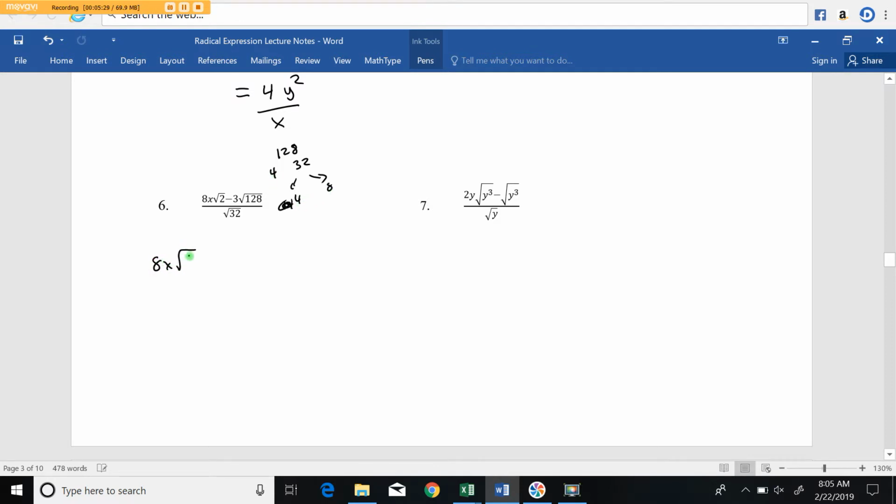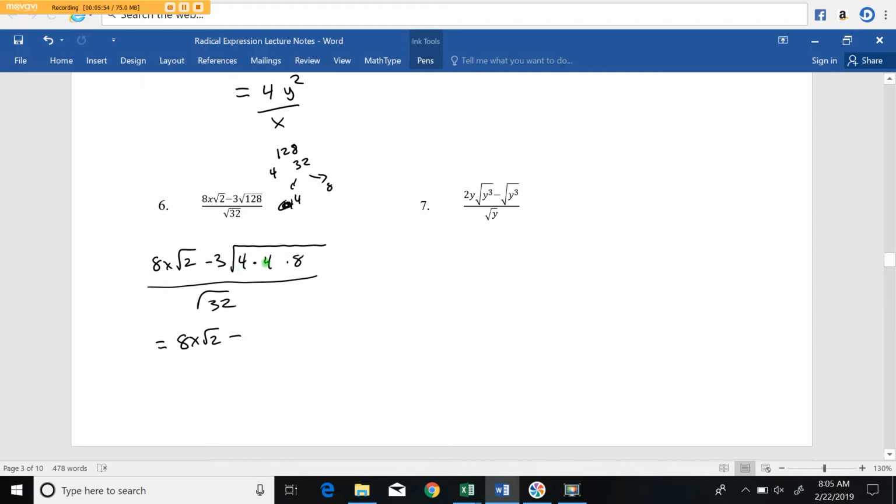So we got 8x root 2 minus 3 square root of 4 times 4 times 8, and we'll clean that up here in a minute, all over root 32. Again, let's leave this alone for a moment. 8x root 2 minus, all right, square root of 4 is 2.